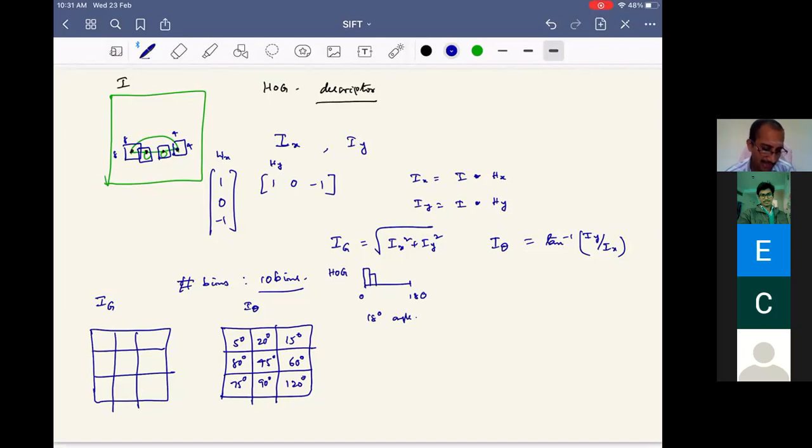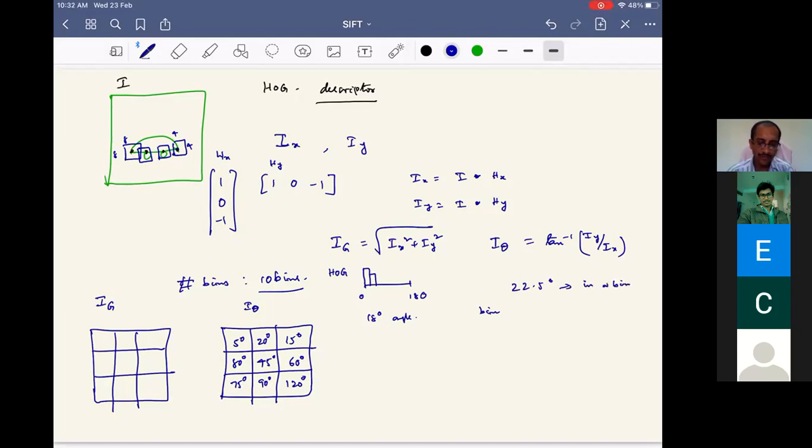For simplicity, let us assume each bin, we said a total of 10 bins with 18 degrees, but let us take each bin as 22.5 degrees.